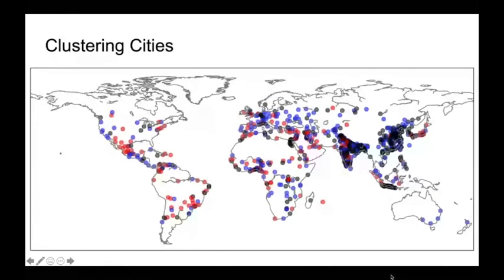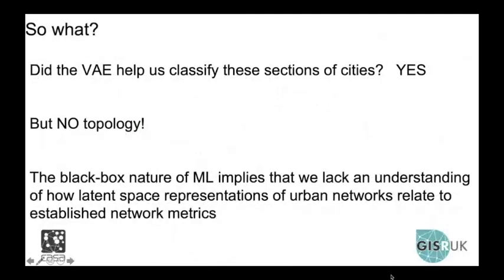But I think the message is that after inputting all these images into these variational autoencoders, and measuring the distance in the latent space, we are able to see some structure in there.